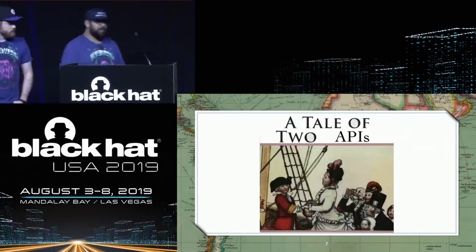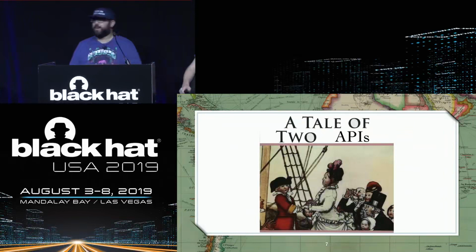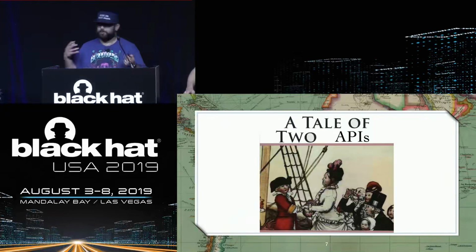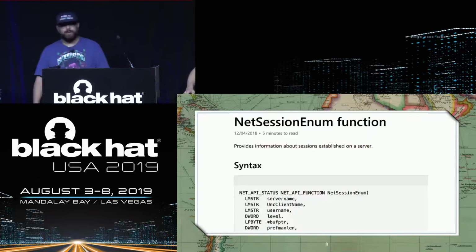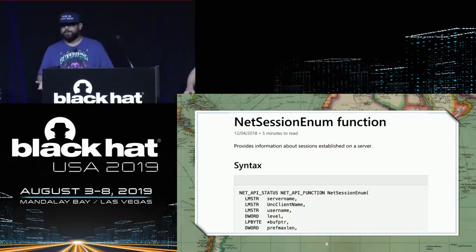So we're going to tell the tale of two APIs. The two APIs that Microsoft graciously provided to make our lives much easier, but which were also the basis for everything we're talking about here. The first one is NetSessionEnum. Now, the built-in Windows net command has lots of juicy stuff in it, and one of them is net sessions.